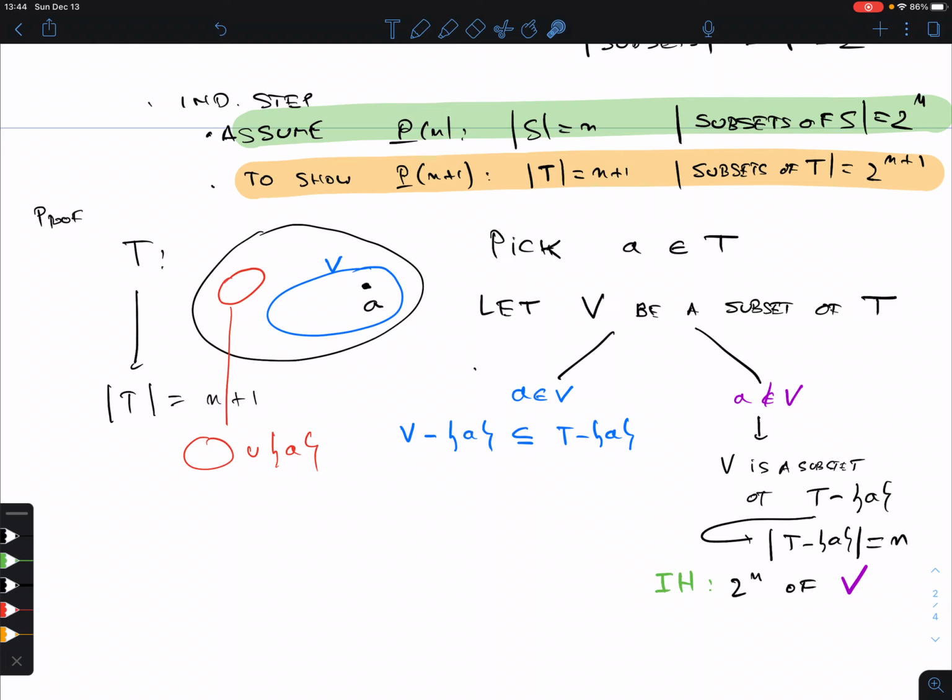So every red subset is a subset of this form, and every subset of this form is a red subset. They have the same number, and by the induction hypothesis, there are 2^n of these blue V's.